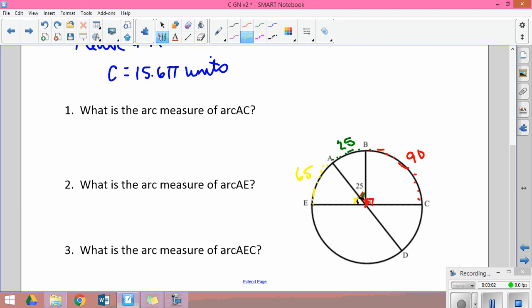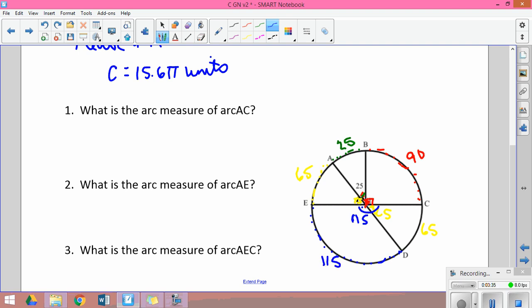Well, this angle is 65 by vertical angles, so is this angle and this arc. And then this angle or this arc, both of these together have to be 180. 180 minus 65 is 115. And so this arc is 115.